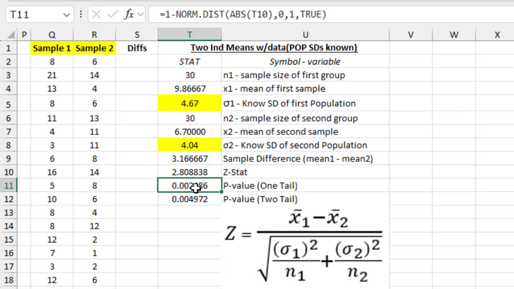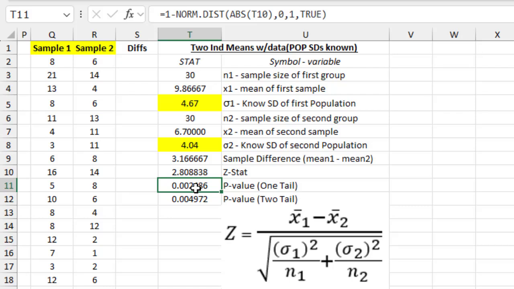One of the nice little handy shortcuts that I've shown in other videos, and if you haven't seen it, you'll see it here again, is whenever we're doing the p-value of a one-tailed test, we have to make sure that we're always using the test statistic that would be on the high side, right?